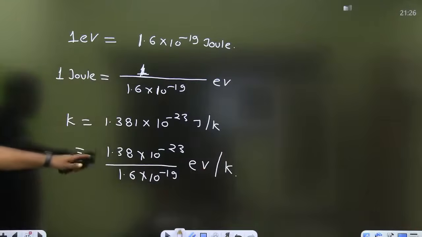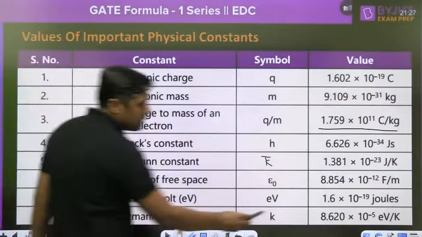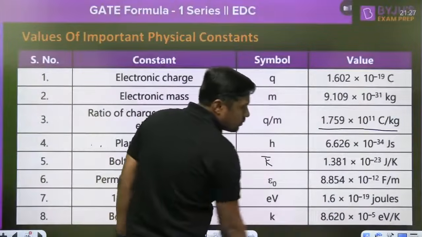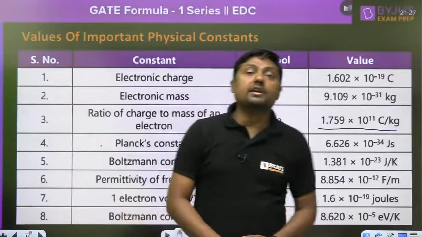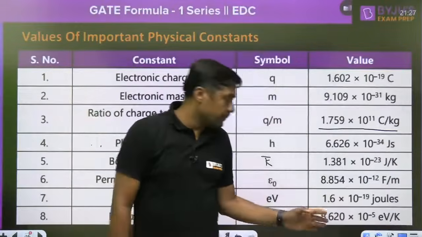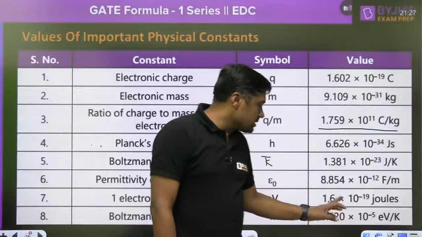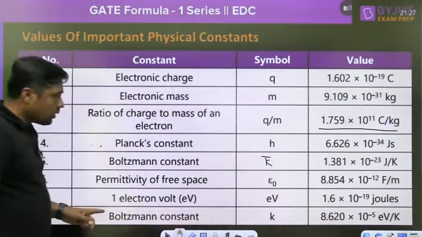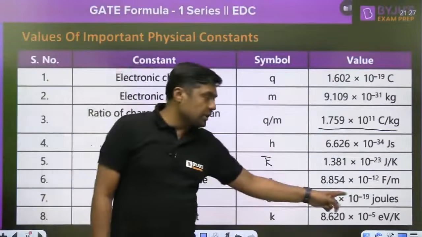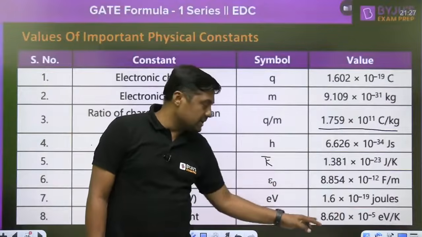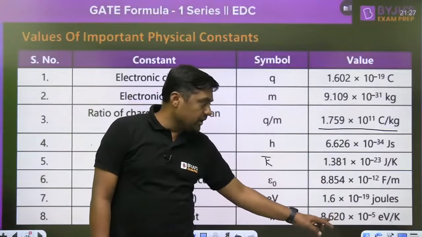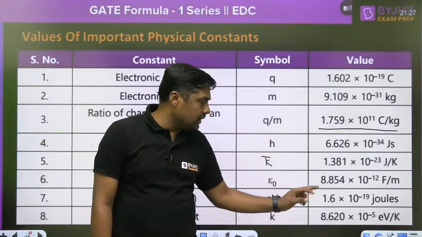Divide this value and you will get the last one, 8.620 into 10 raised to power minus 5 electron volt per degree Kelvin. No need to mug up the concept. Simply remember that 1 electron volt is equal to 1.6 into 10 raised to power minus 19 joule, and that is the value in electron volt per degree Kelvin. The other is in joule per degree Kelvin.